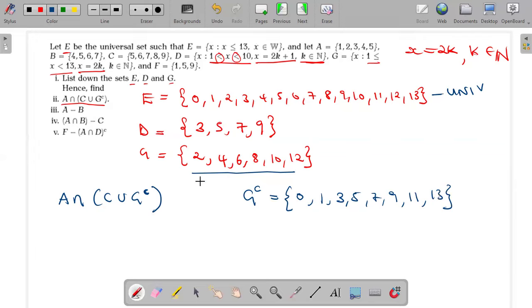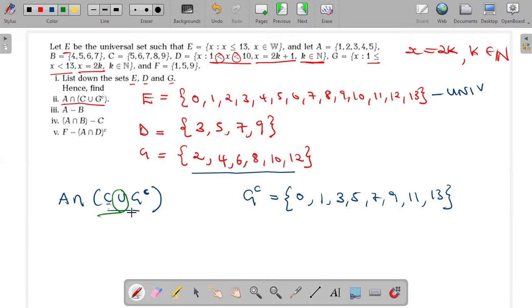And then you see here, it's saying C union G complement. The symbol in between here stands for union. Union just means elements that are in the set, either in one set or the other, or in both of them.